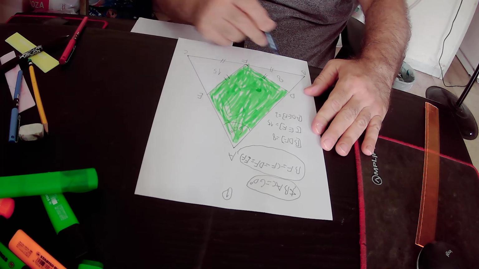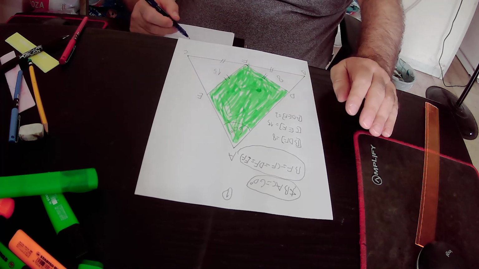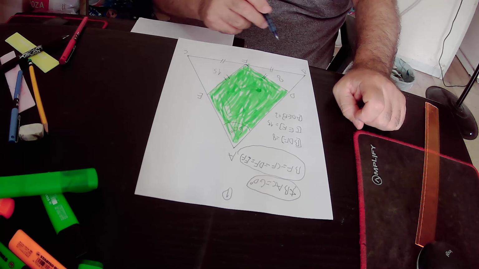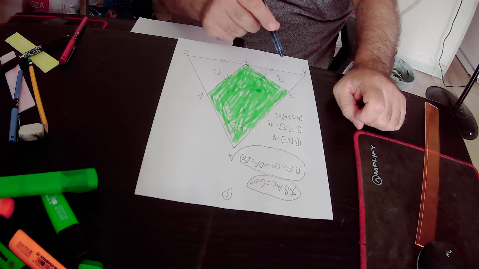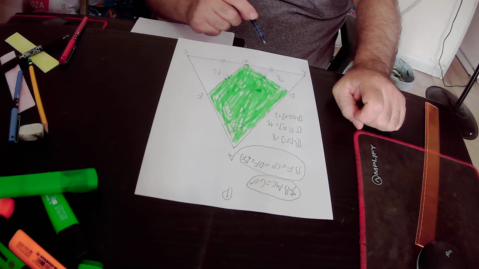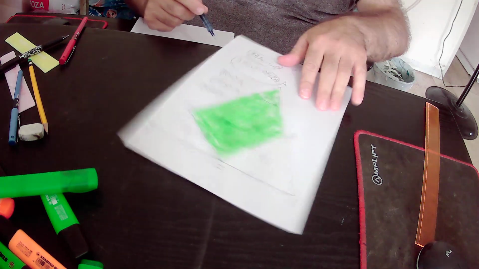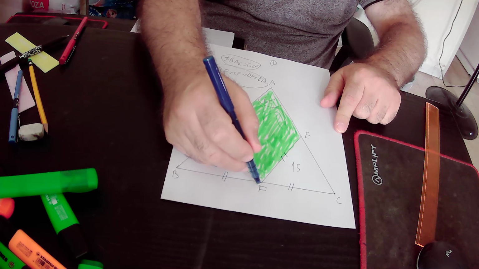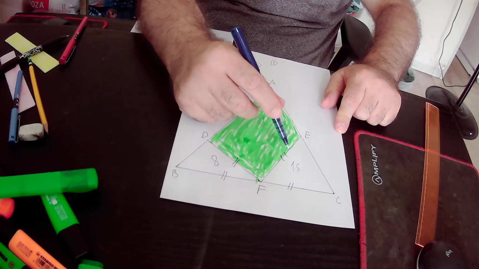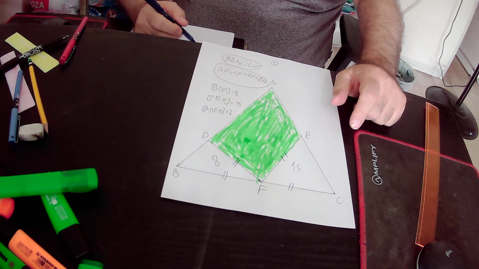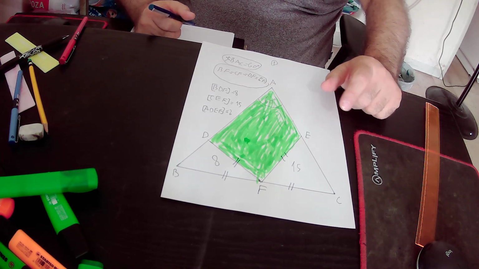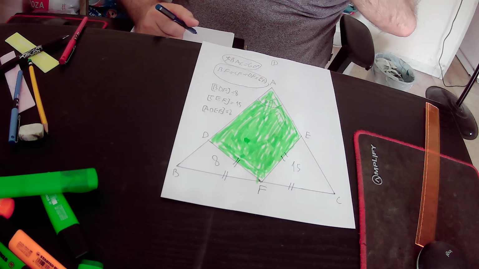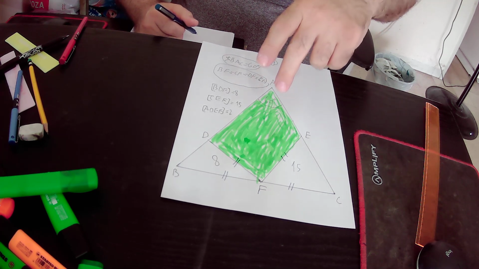So all those sides are equal to each other, and we also know that the area of triangle BDF is equal to 8 units, and the area of triangle FEC is equal to 15 square units. And we want to find out the area of this green shape, or the area of this quadrilateral.